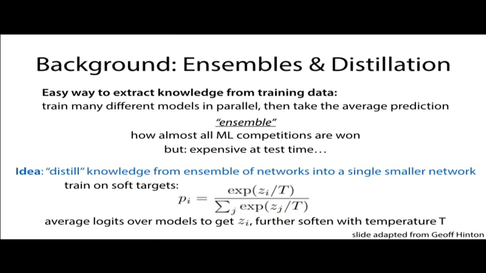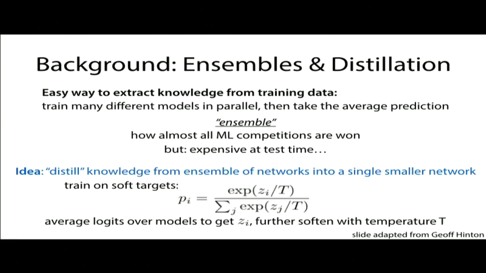If you try to distill from an ensemble of networks just using their predictions and averaging over that, you're not really going to do better than just training on the data set. But what you can do instead is use the knowledge that's in each of those models, which is the class probabilities, which model the relationships between classes, and then train a single network on the average soft targets of the ensemble of networks to get better performance.